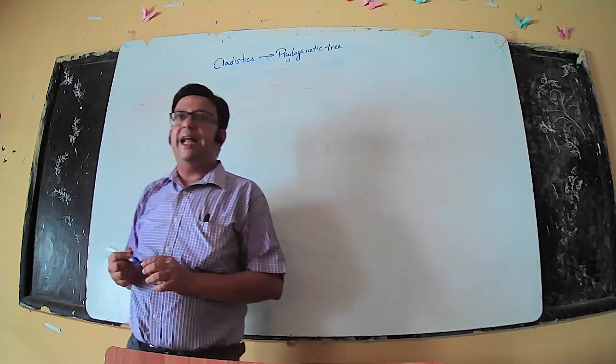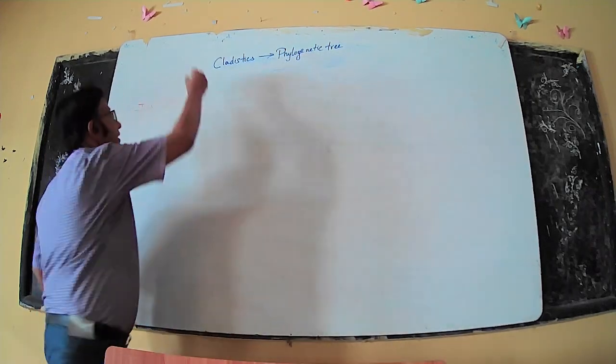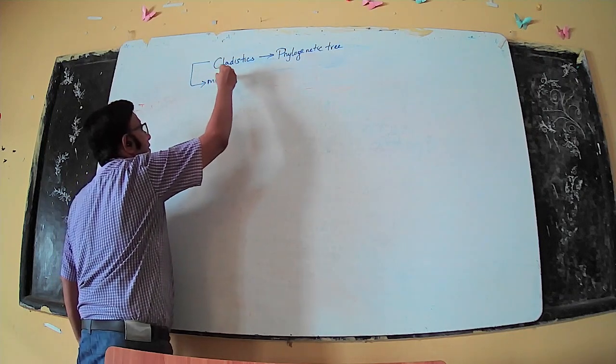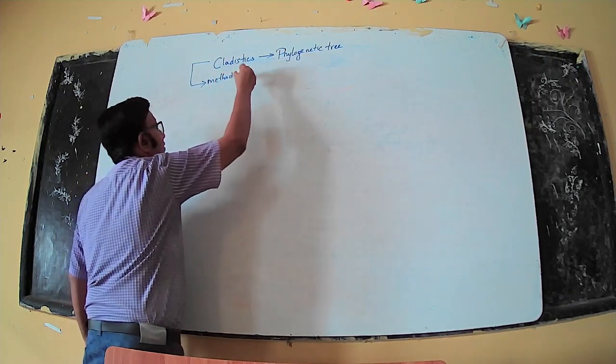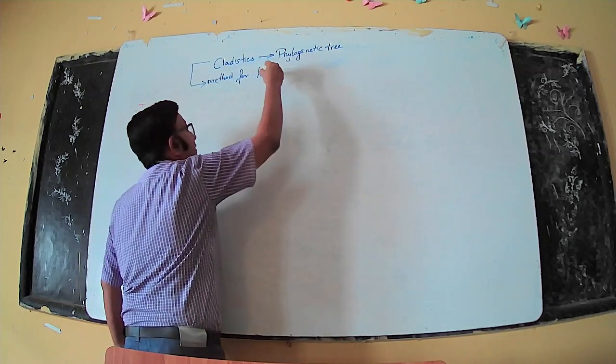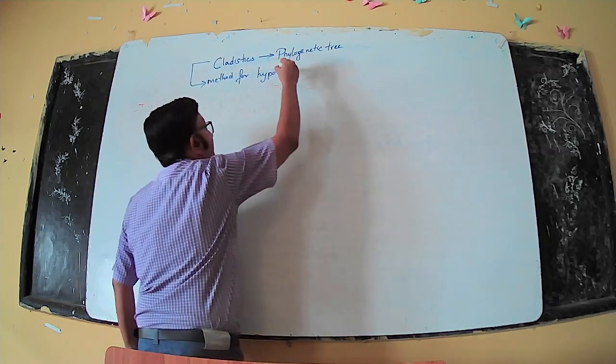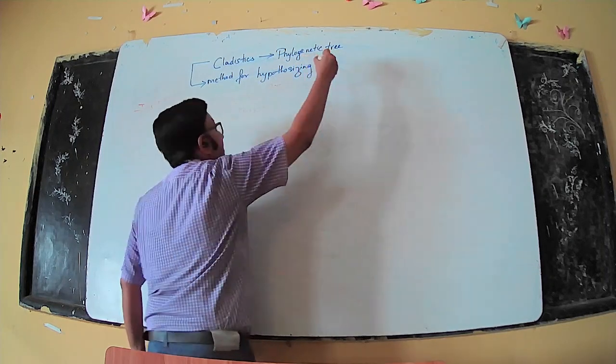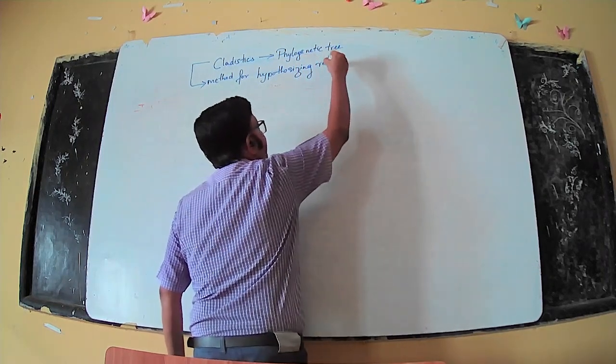So what is cladistics? Cladistics is actually a method for hypothesizing relationships among organisms.